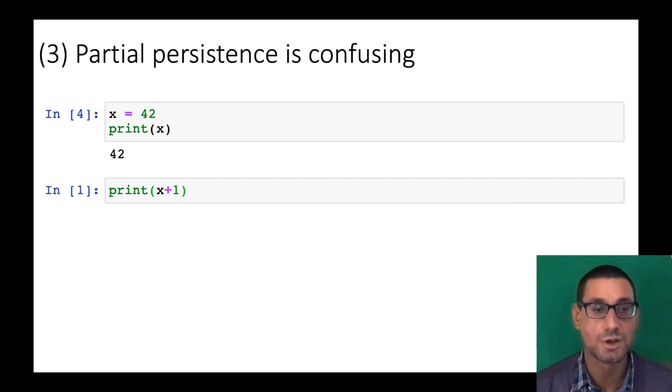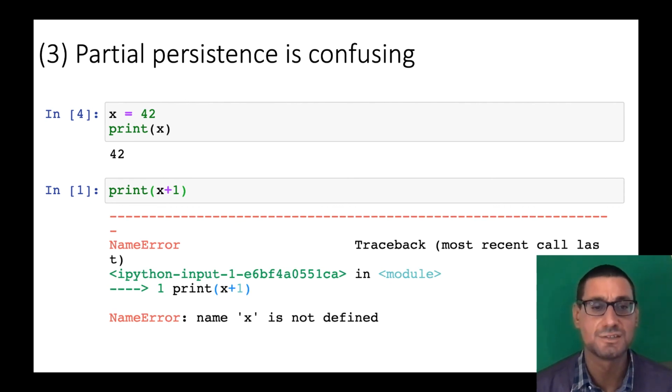So I've reloaded a notebook here and it's told me that I've executed these 2 cells and it shows me the output, but then I've executed a cell again, remembering this is a fresh instance of the notebook that I've loaded. It says the name x is not defined, because although I see client side the state of the output from previous notebook executions, server side that state hasn't been accumulated or built up, and so x isn't bound to a name here.